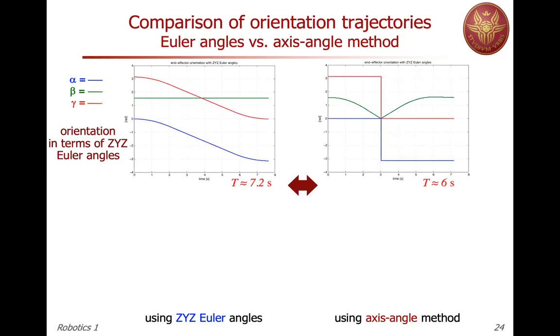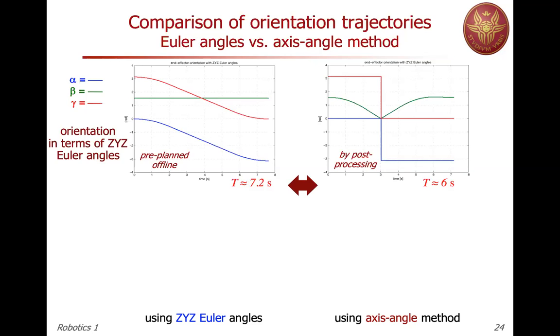Now pay attention, on the right-hand side, I'm reporting what would happen if we had used the resulting motion of the axis angle method. If we compute on that motion, what is the associated value of alpha, beta, and gamma? So you can see that alpha, beta, and gamma here are changing in a smooth way, while in the other situation, we would have a very strange phenomenon.